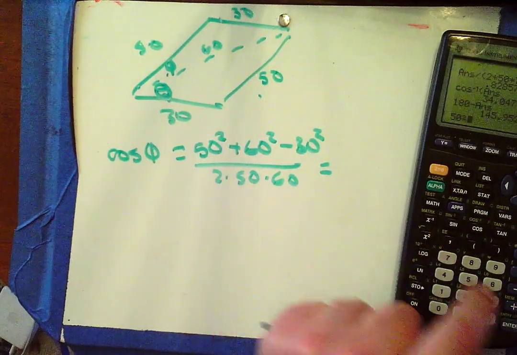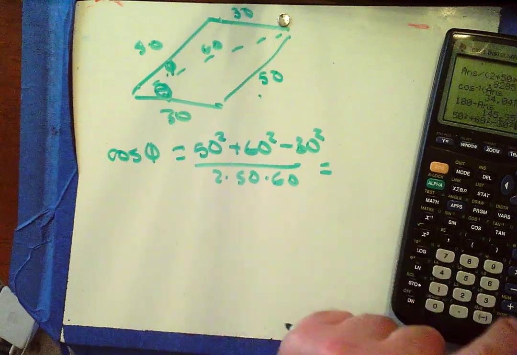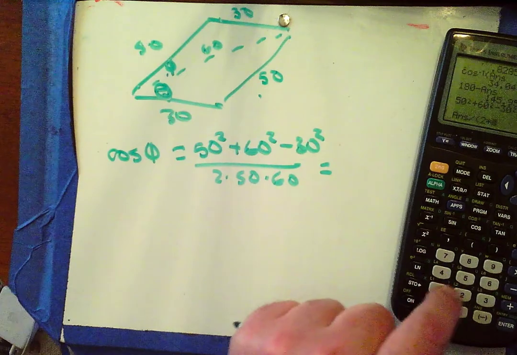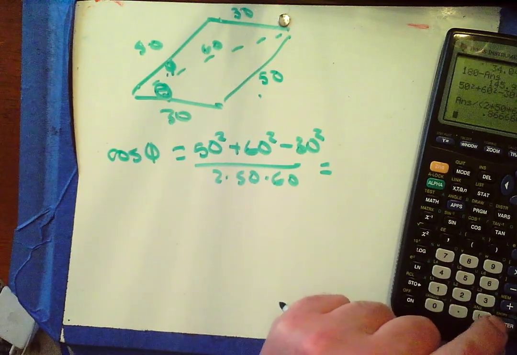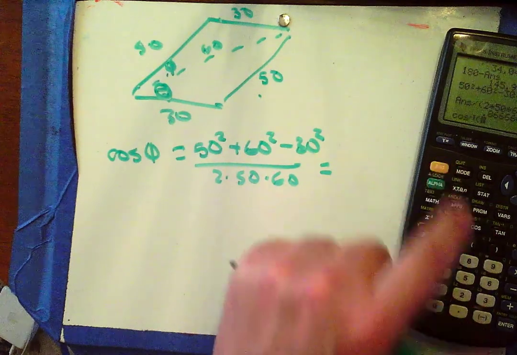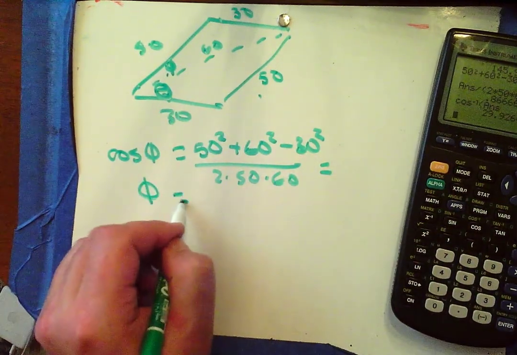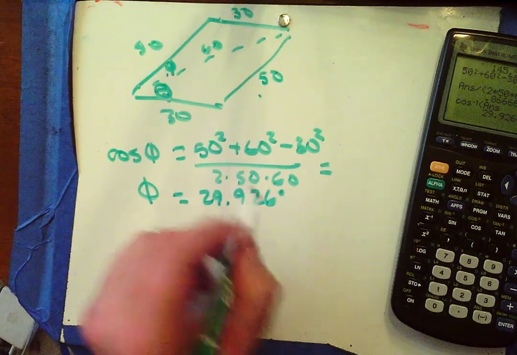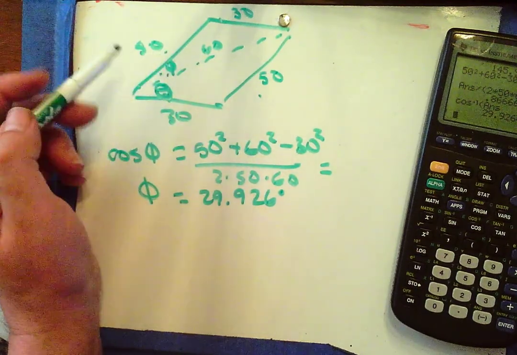So 50 squared plus 60 squared minus 30 squared divided by 2 times 50 times 60. And then we do the inverse cosine of that angle, and we find out that phi equals 29.926 degrees. That's this angle here, the angle between the resultant and force 2.